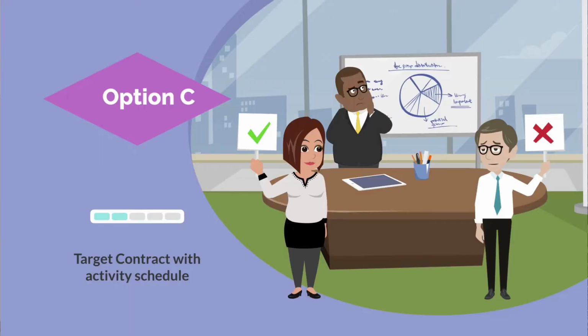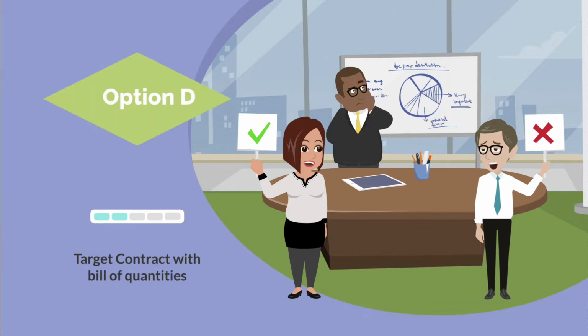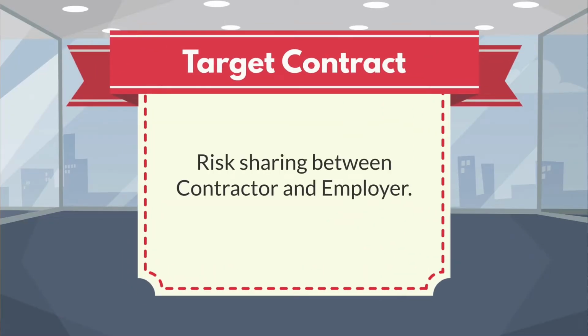So, and then we move into the next element, which is the target contract, option C, which is the target contract with activity schedule, or option D, which deals with target contract with bill of quantities.